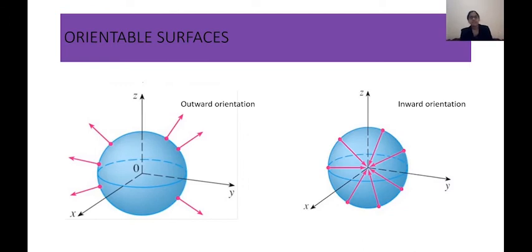Now this slide depicts types of orientation. One is the outward orientation. Here the surfaces that we are having are basically spheres. One is outward orientation, that is, all unit normals are pointing outside of the surface, and the other is the inward orientation, that is, all unit normals are pointing inwards, inside the sphere.